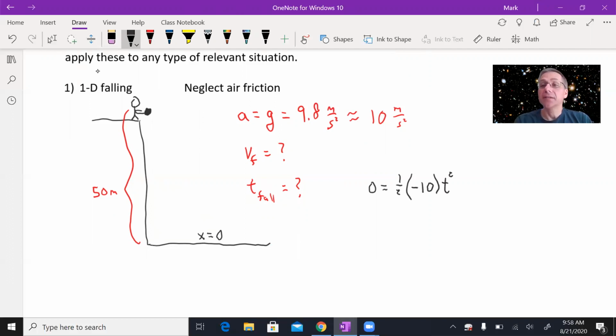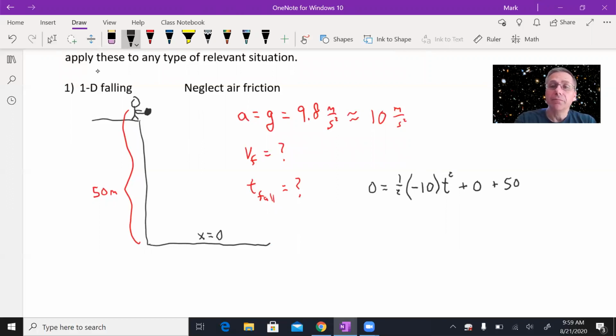Now we're trying to find out the time. That's what we're trying to solve for. If you're dropping this from rest, the initial speed is 0. Okay, so that middle term is 0. And then we have the plus the initial height, which is 50 meters. Okay. And so we can go ahead, we can find the time just from this.